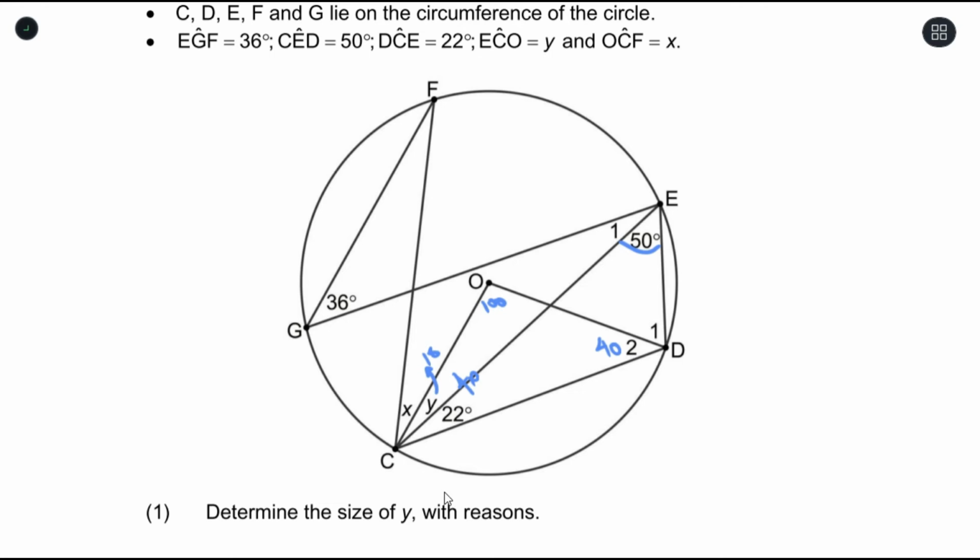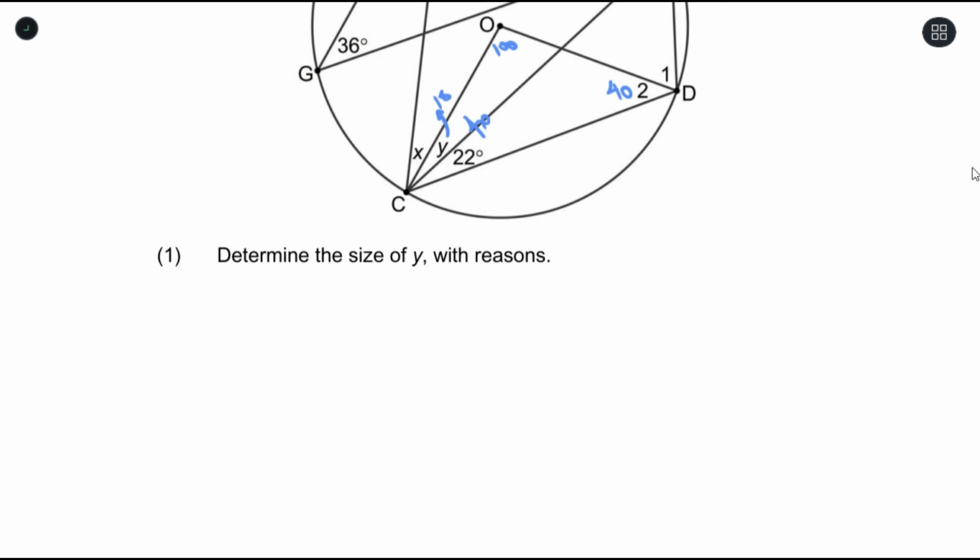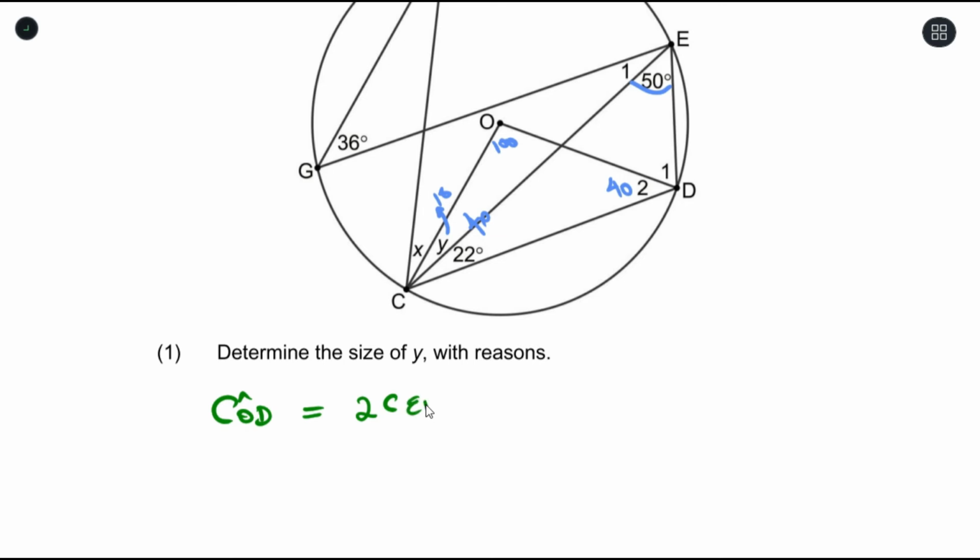Now, let's put all this in words because we need to write it out properly. So I'll start with the fact that COD is equals to 2CED. And as we know, that's 2 times 50, which is 100. And the reason for that is angle at center is twice angle at circumference.